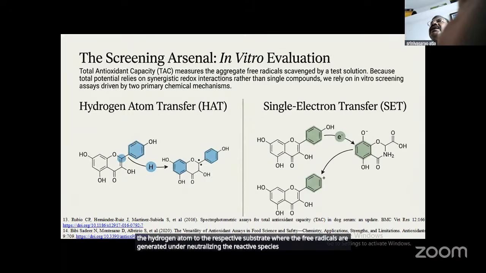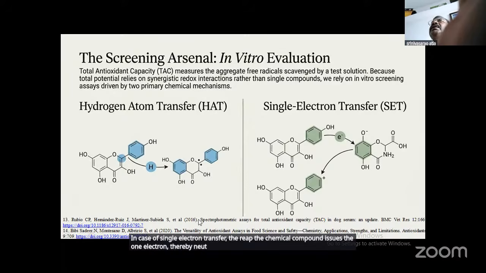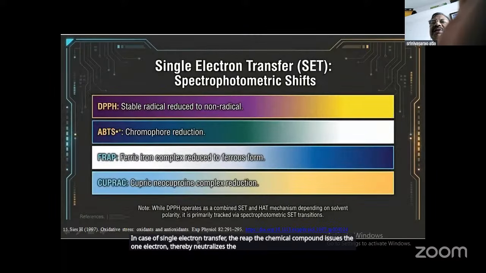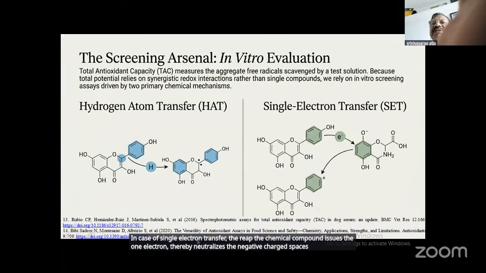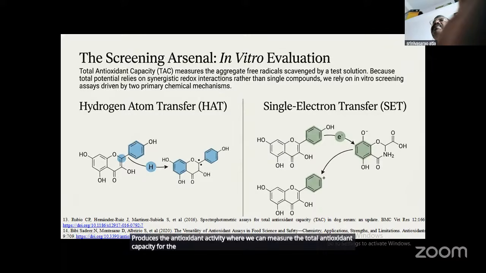In case of single electron transfer, the chemical compound donates one electron, thereby neutralizing the negatively charged species into positively charged species. Thereby, these two mechanisms effectively produce the antioxidant activity, where you can measure the total antioxidant capacity for the given molecule.